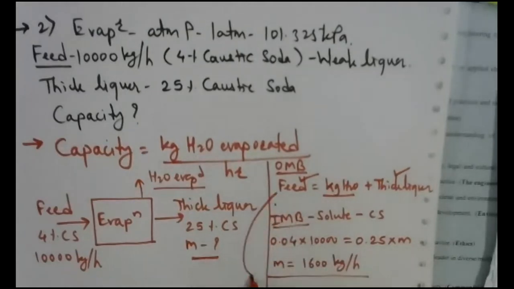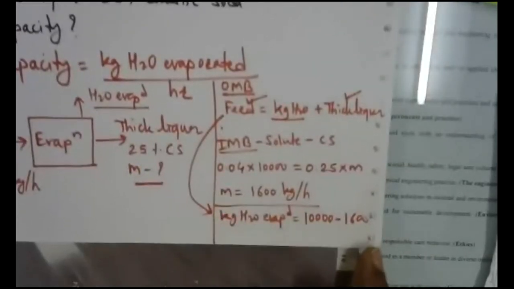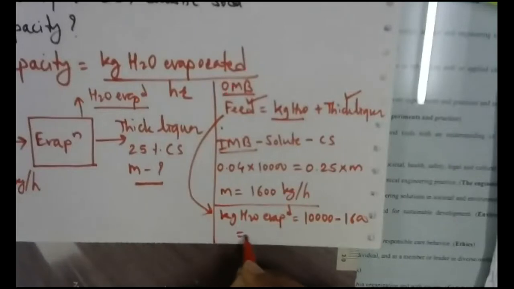So from this overall material balance, feed is 10,000 minus the mass flow rate of thick liquor, 1600. So we can calculate the kg of water evaporated as 8400 kg per hour.